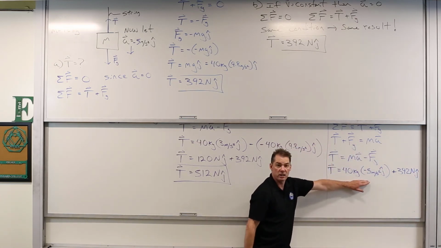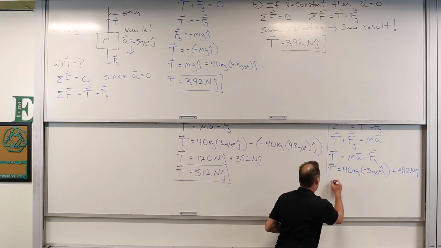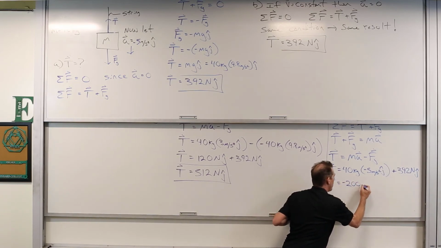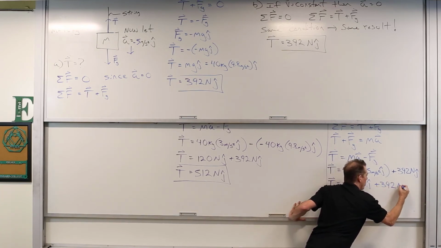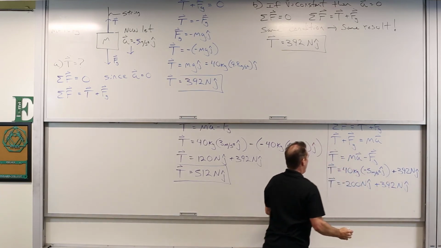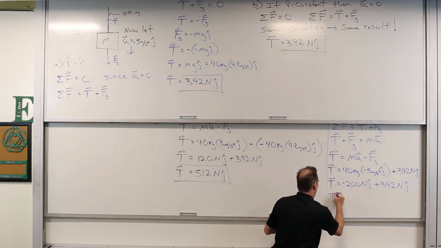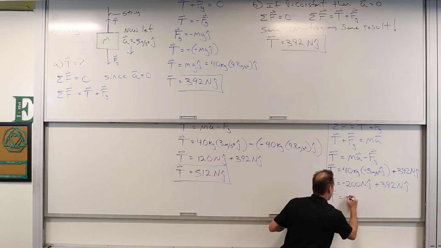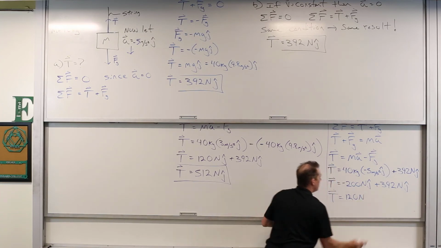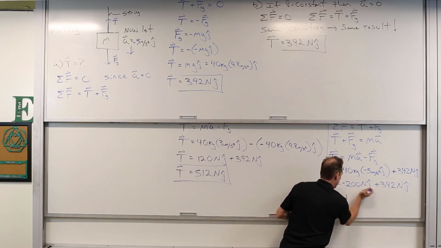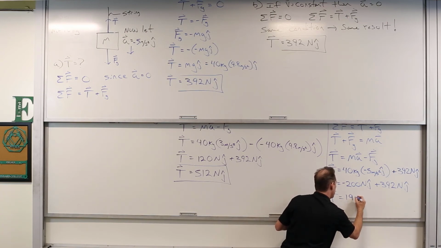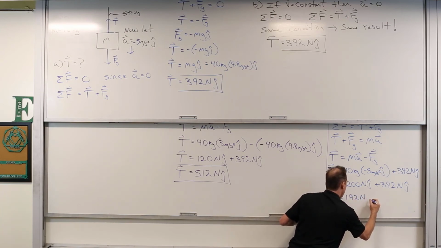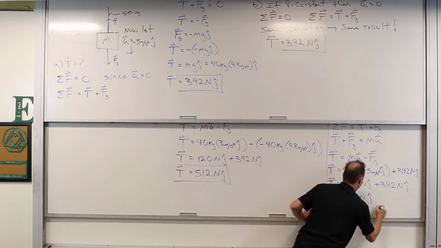This first term, however, turns out to be negative. So we've got T equal to negative 200 newtons j hat plus 392 newtons j hat, which gives us the grand total of, let's get ourselves 120. Nope, sorry, messing this up. 192 newtons j hat.